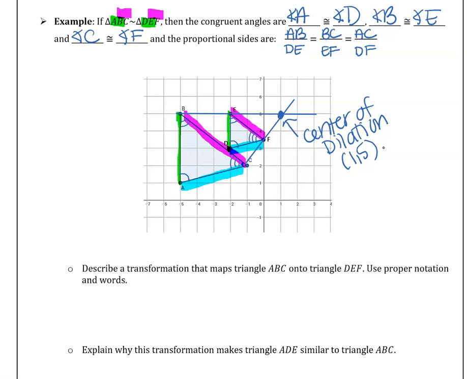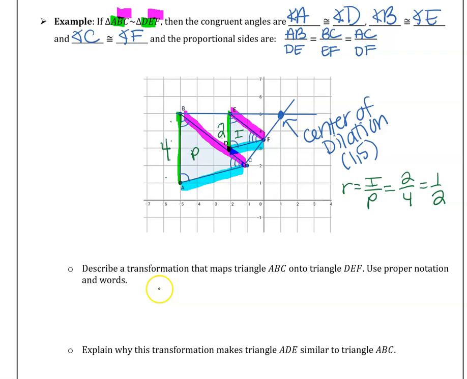Now let's pay attention to our scale factor. So we know that 1, 2, 3, 4 units go this way, 1, 2 go this way, so those are two corresponding sides. It said ABC onto DEF, so that means that ABC is your pre-image, DEF is your image, and we know from last unit our scale factor is image over pre-image, so 2 over 4, which reduces to 1/2.